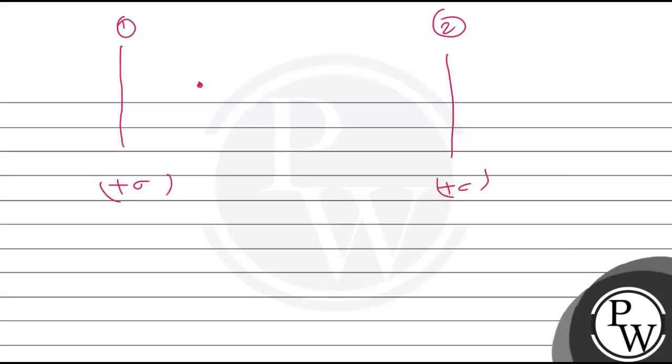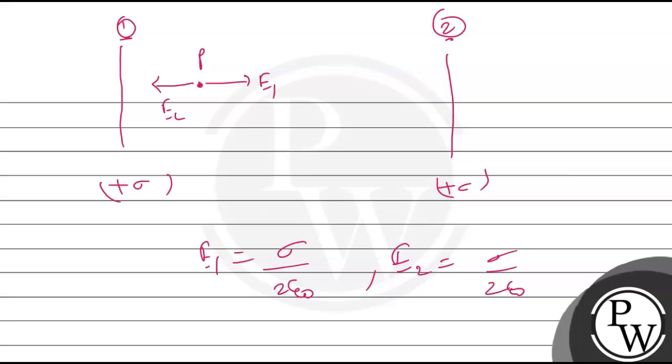The electric field due to sheet 1 at point P will be in this direction, E1. The electric field due to sheet 2 at point P will be in this direction, E2. E1 is equal to sigma upon 2 epsilon naught. Similarly, E2 is sigma upon 2 epsilon naught, as the sigma of both sheets is equal.